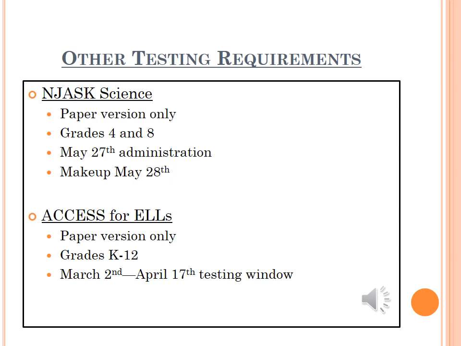Access begins from March 2nd and goes through April 17th. Our attempt will be to schedule access testing for after PARCC testing is completed. However, in some of the schools where there's a large bilingual population, there might be some overlap between access and the PARCC test.